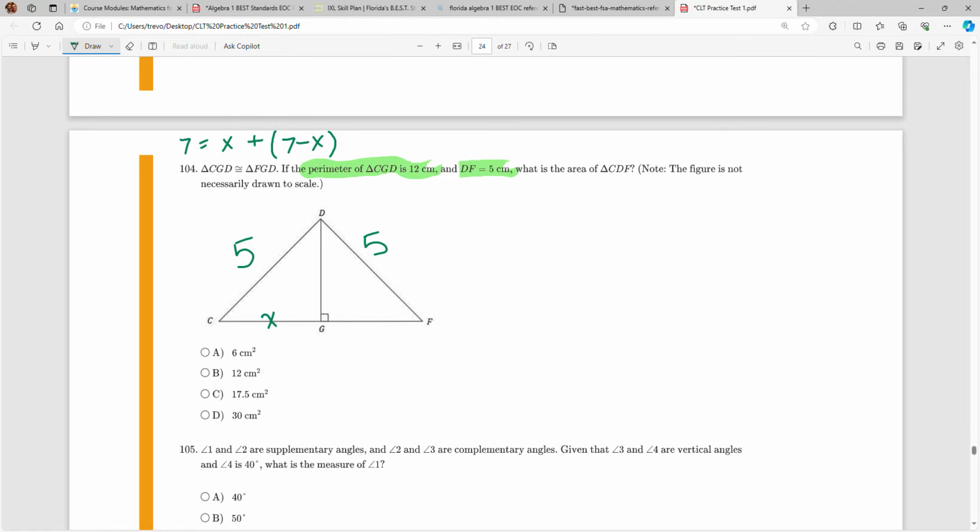So that's my three sides. So this right here, this shared leg of my two triangles is going to be 7 minus x.